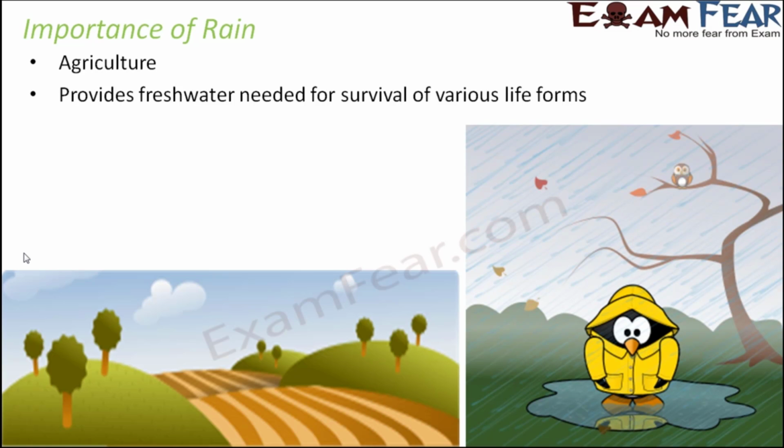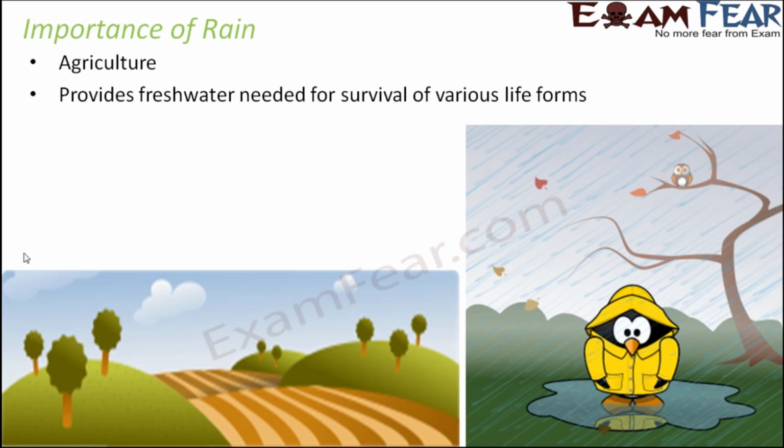Secondly, rain provides fresh water which is needed for survival of various life forms. So water is something which is needed by all the life forms. So we all need water, right? From rain we actually get some fresh water, because otherwise you might say that in the oceans also we have so much water, but that is all salt water. If we want to get fresh water from the ocean, we need to remove the salt from the seawater.